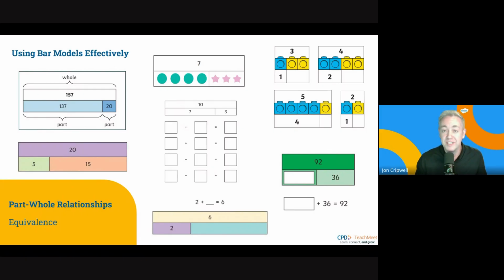Just working out what to do can be tricky. This is where a bar model can really help, because we know the total is 6, and then I can find what the other missing part is, and it clarifies what needs to be done in order to solve the problem.